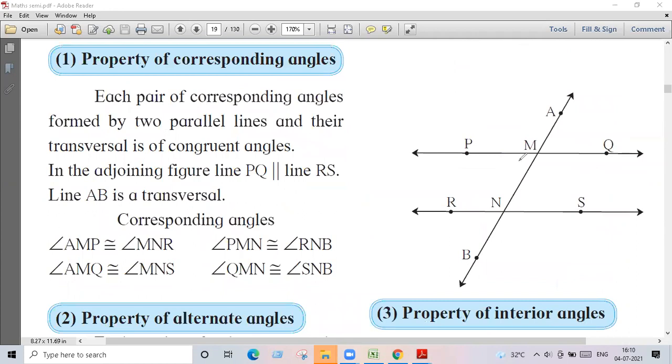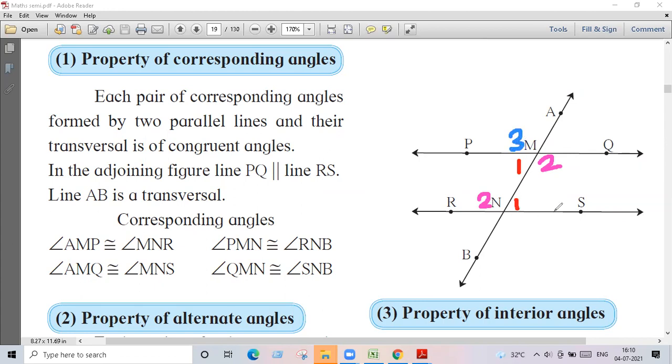So this is your first pair, PMN and MNS. Second pair here, QMN and MNR. These are the interior alternate angles. Then the third and fourth are your exterior alternate angles.